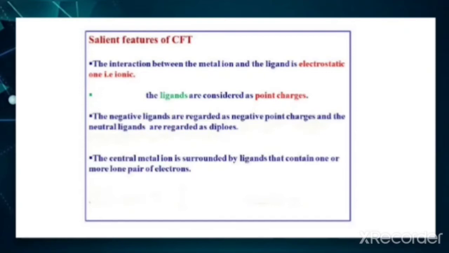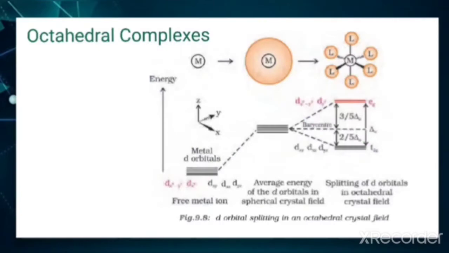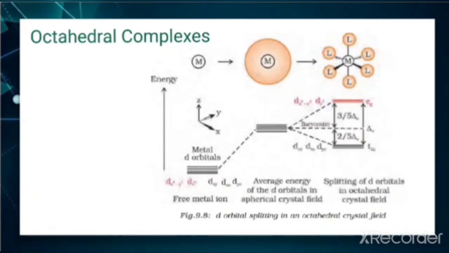We will be discussing this for the case of octahedral complexes. According to this theory, the five d orbitals in an isolated gaseous metal ion or atom have the same energy. It can be better represented through this energy level diagram.